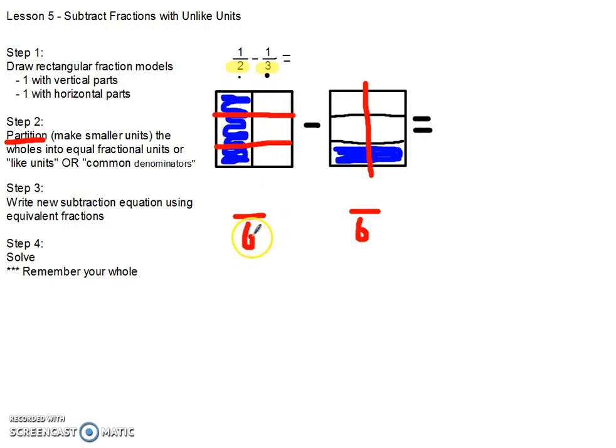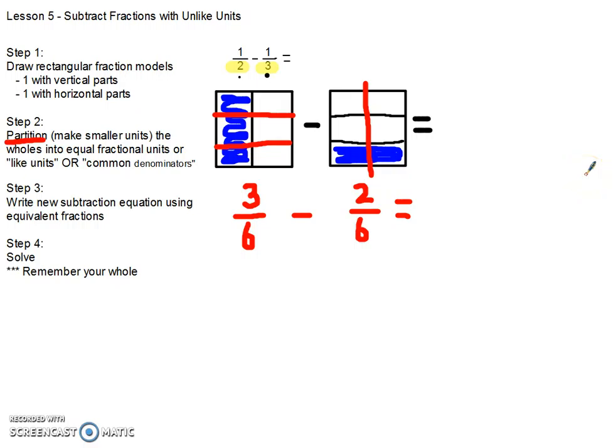So now we have 6 and 6, which are like units, and we can subtract like units. So let's fill in how many parts we have in our first whole. That's 1, 2, 3. So we've rewritten 1/2 as 3/6, and we're taking away 2 parts out of 6, or 2/6.